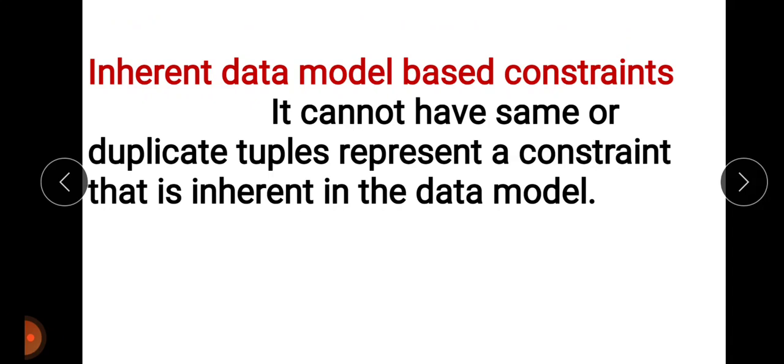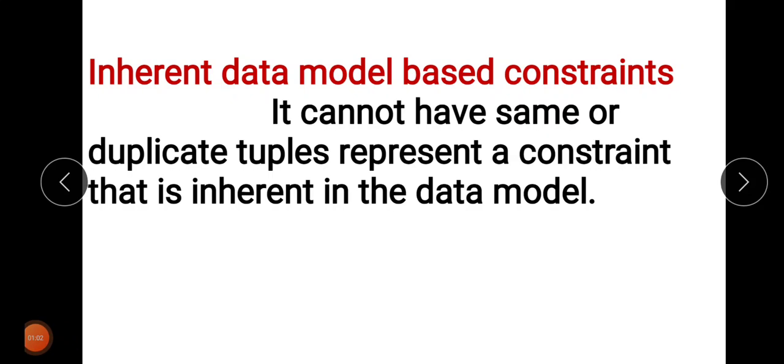First, we are going to see in detail the inherent data model based constraint. That means it cannot have the same or duplicate tuple, representing a constraint that is inherent in the data model. If a table has a number of tuples, many rows, repeated data cannot be taken.